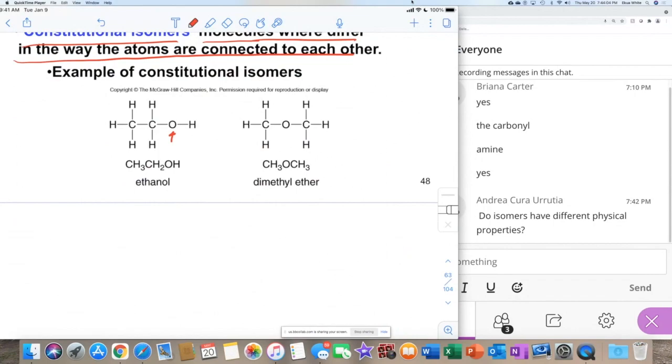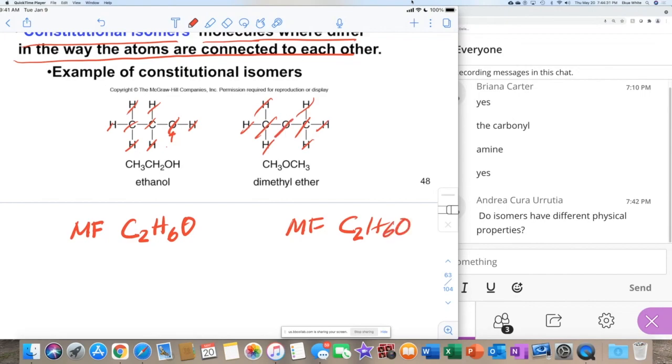So let me do a quick check here. What's the molecular formula on the left? How many carbons do I have? 1, 2, 2. How many hydrogens? 1, 2, 3, 4, 5, 6. H6. How many oxygens? 1. O. The one on the right. How many carbons do I have? 2. How many hydrogens? 6.